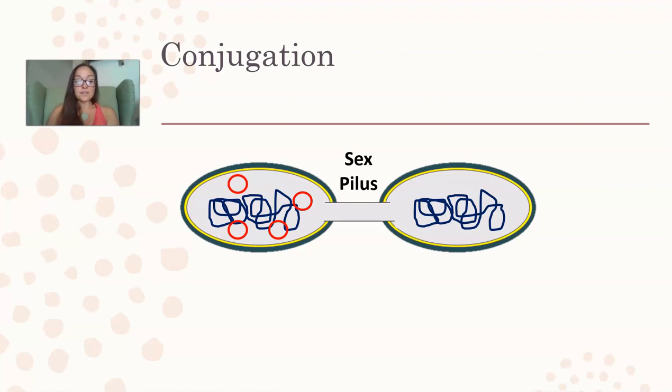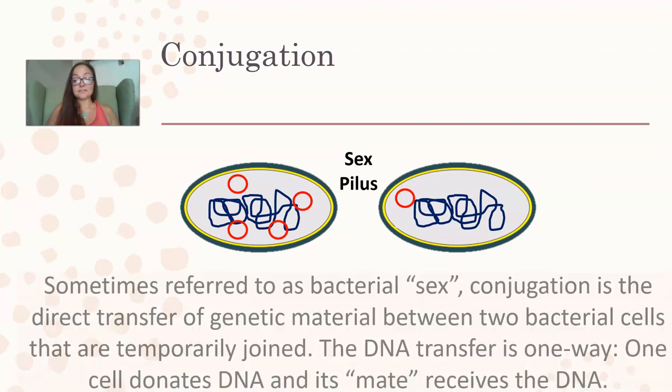And you'll notice that red plasmid. It will undergo DNA replication, and a new copy of the plasmid will be replicated and then transferred through that cytoplasmic bridge into the recipient bacterium. Then that bridge disintegrates or is no longer used, and now that cell has new genes, new DNA as part of it.